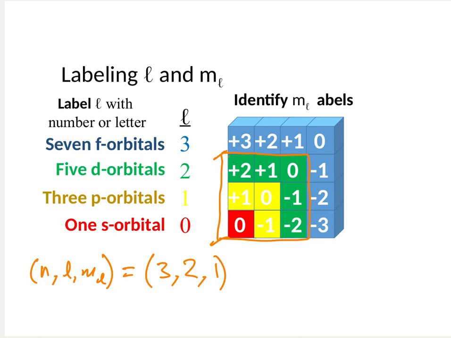Now we're going to focus in even further and look at just that l equals 2 level, and then come in finally and nail down a specific room by looking at the possible value of m sub l. I'll put that in red here to highlight it. That final unique room highlighted in red is the room that corresponds to the 3, 2, 1 orbital address.